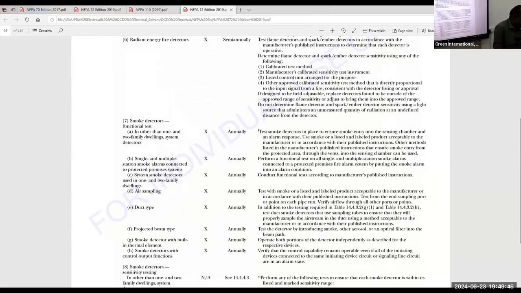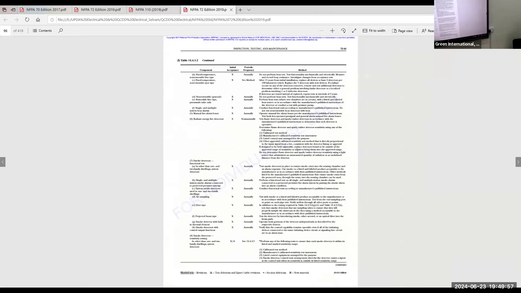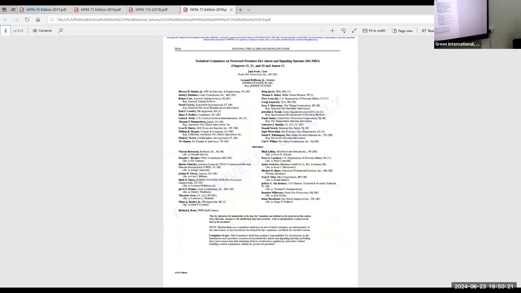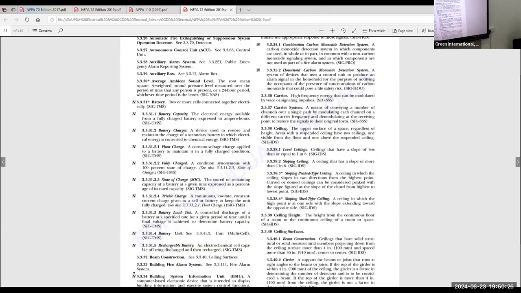That's why it's a little difficult, but we can find the answer from these two tables. For NFPA 72, we need to refer to the referenced publications, as I told, such as the NFPA standards and UL listings, and we have definitions.